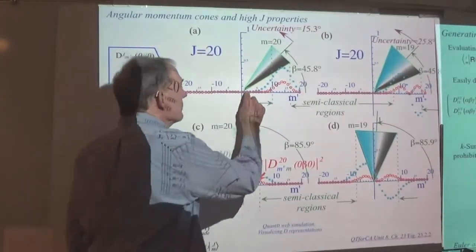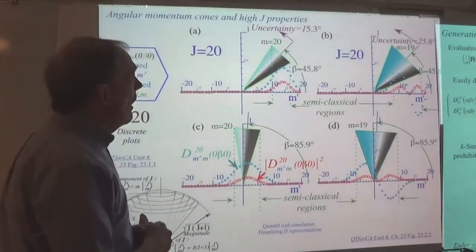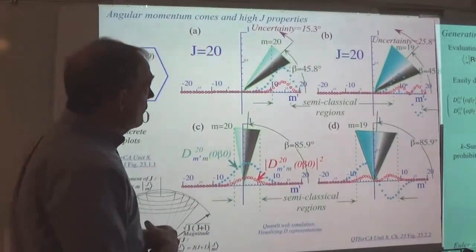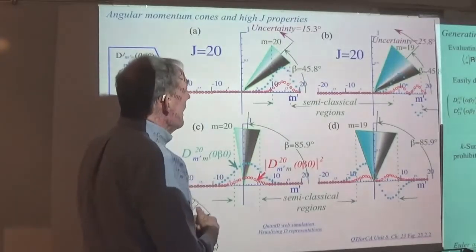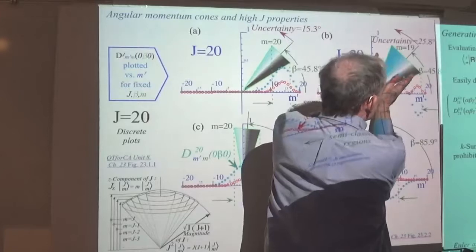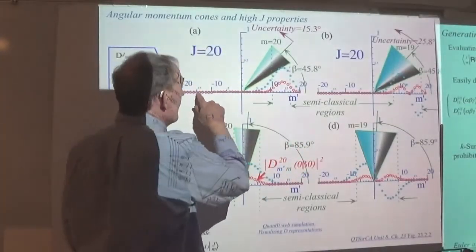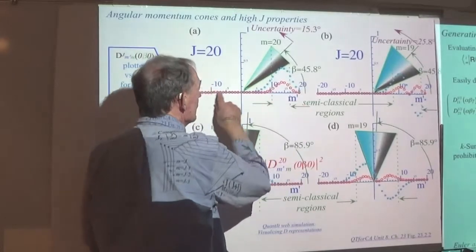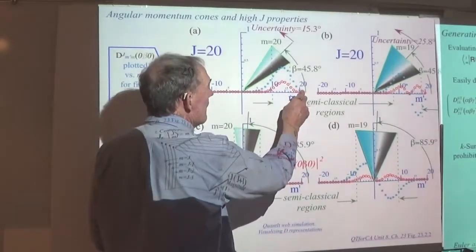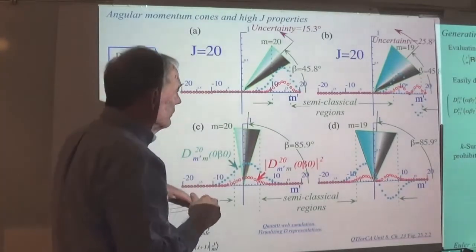41 possible states. Okay, so we're going to look at what happens if I put the narrowest cone or the next narrowest cone through an analyzer that is not rotated. These are the count registers for an analyzer that hasn't been rotated.